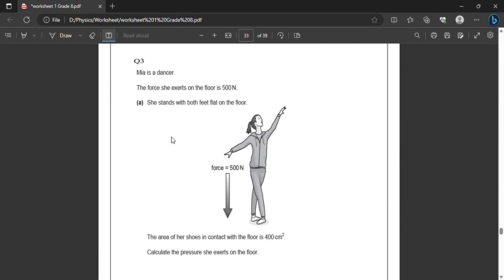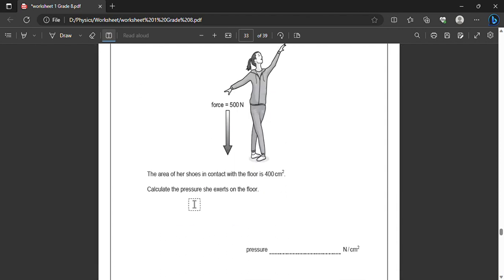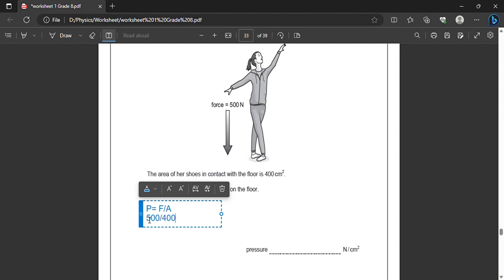Here, this girl is a dancer. First she exerts 500 newtons. She stands with both feet flat. So the area of her shoes in contact with the floor, they give the area of the shoes, which is 400 centimeters squared. So calculate the pressure. As pressure is force by area, you can write 500 by 400.